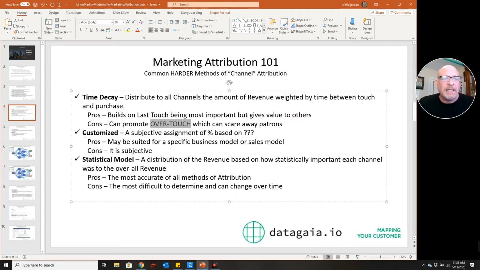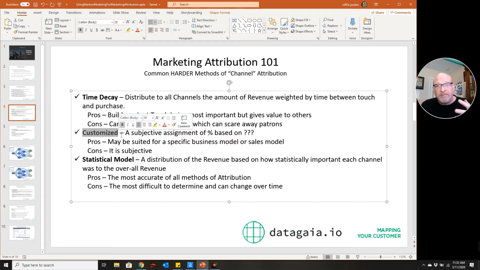All right, the next is a customize. And a customize is basically, more often than not, a subjective assignment of, we believe that email should get 30%, social media, 15%. It's very subjective.